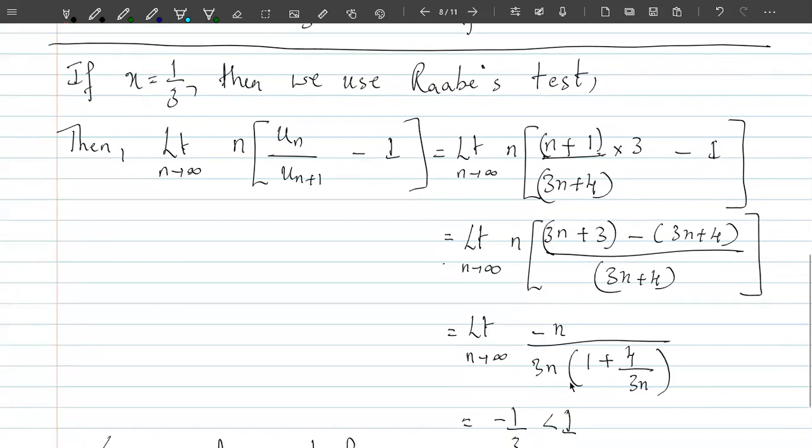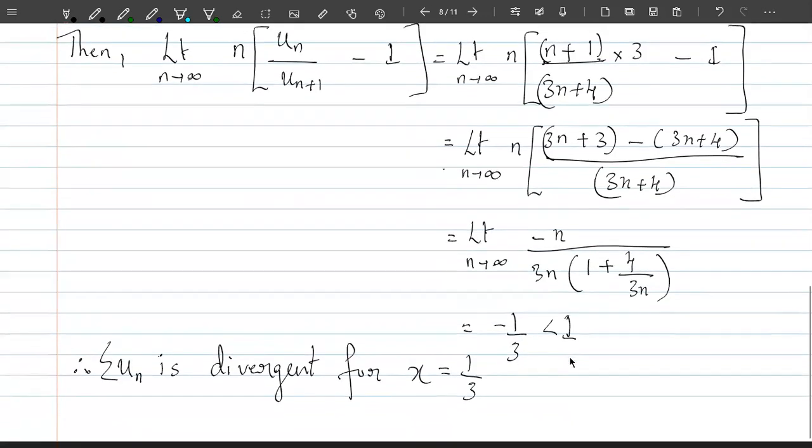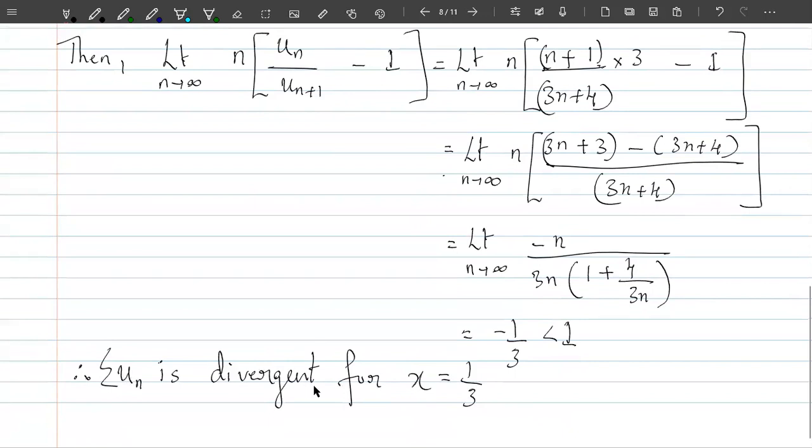If I take 3n out, I get 1 plus 4 by 3n, cancelling this n and n. And after substituting the limit as n tends to infinity, I get the value as minus 1 by 3. Now this value minus 1 by 3 is less than 1. Therefore we say that summation un is divergent for x equal to 1 by 3, because we are using Raabe's test here.